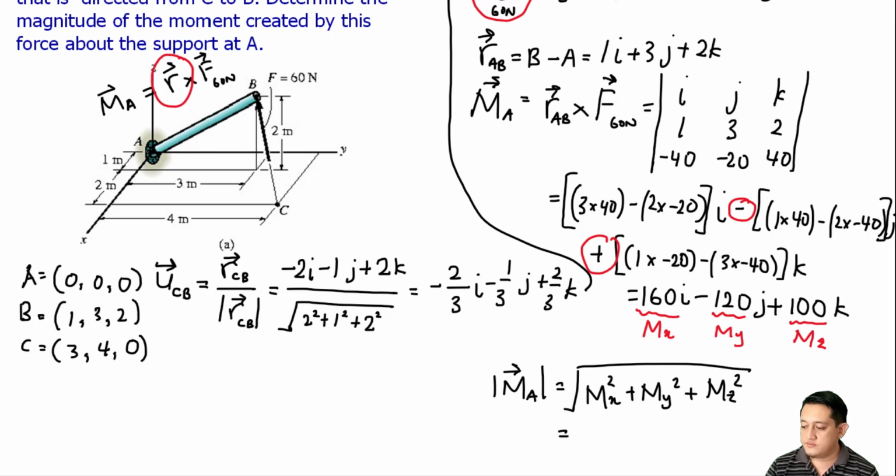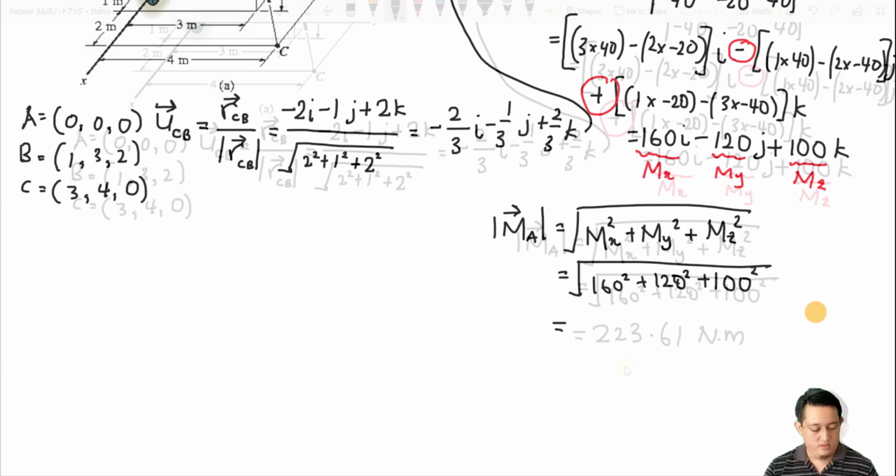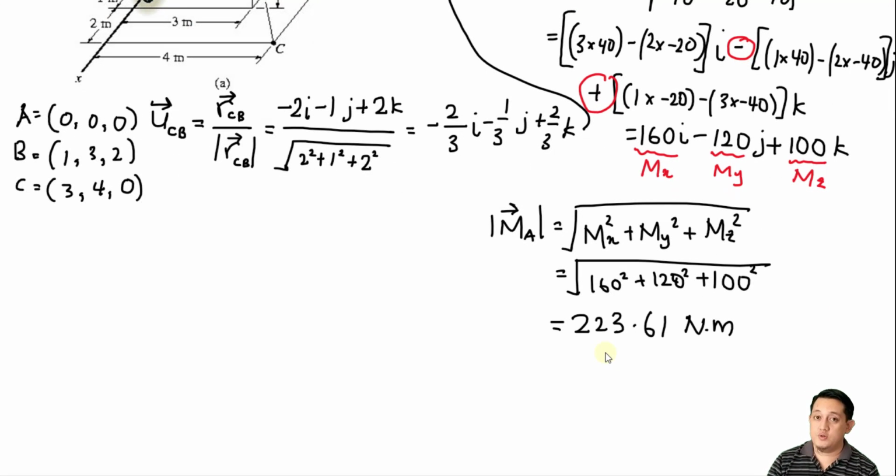So here, 160 squared plus 120 squared plus 100 squared. After we use the calculator, we got the answer 223.61 Newton meter. Did you get it right?